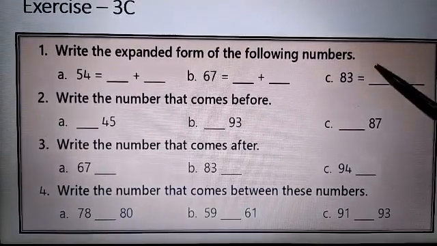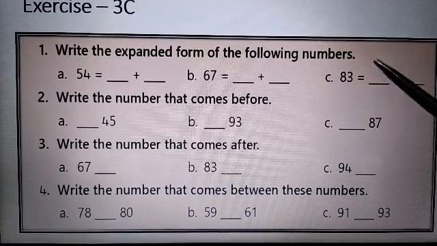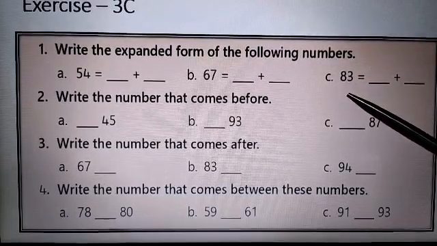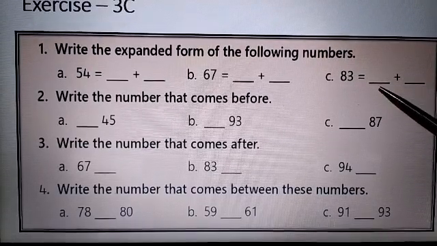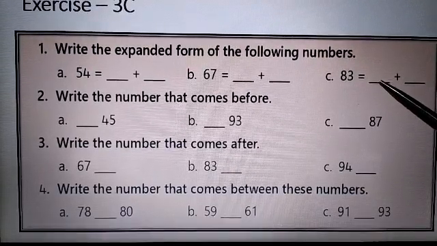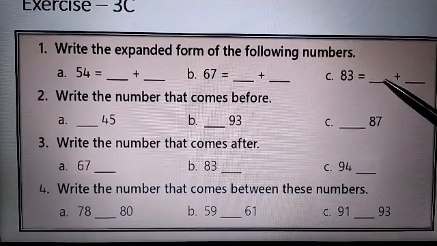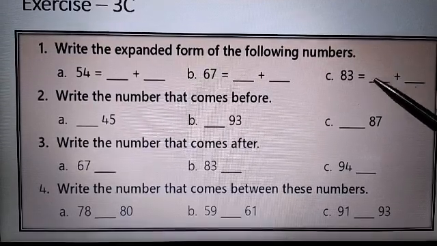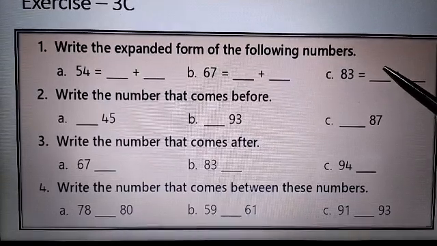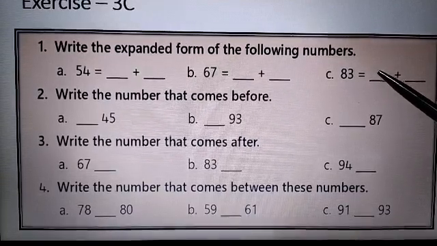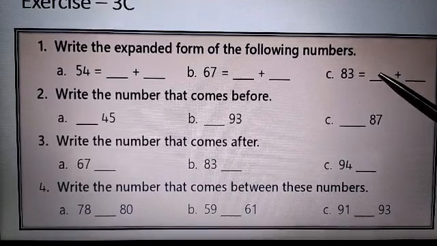Now 3 is on the ones place whereas 8 is on the tens place. Very good. So you are going to write here 3, and what will you write here? 80. Very good. It's 80, that is tens. 8 tens, that is 80.